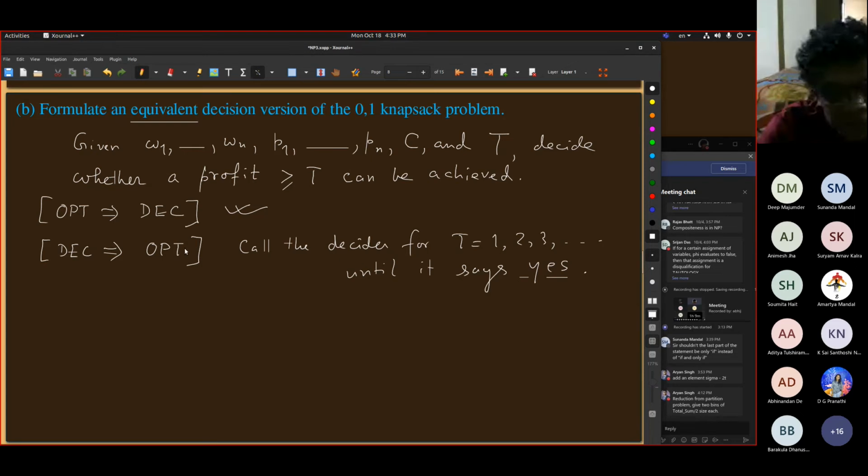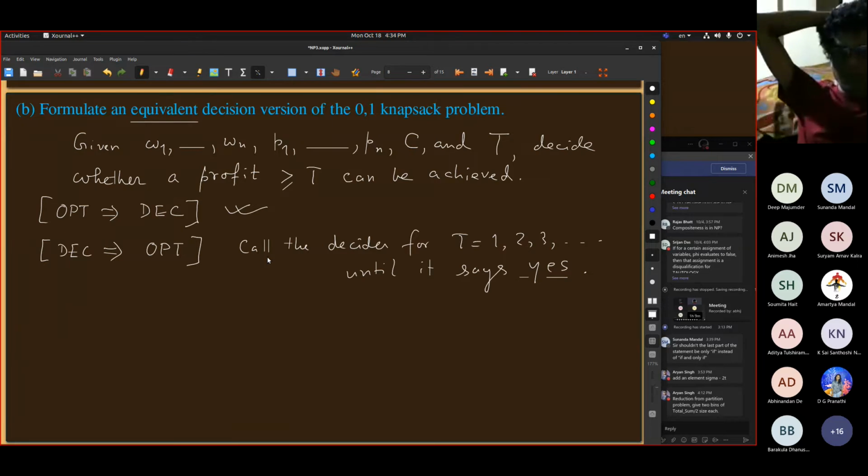What is the running time of this optimization algorithm? Yeah, you should tell. What is the running time of this optimization? Summation of all P into the running time of the decider.